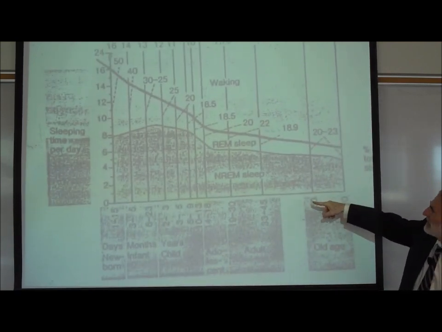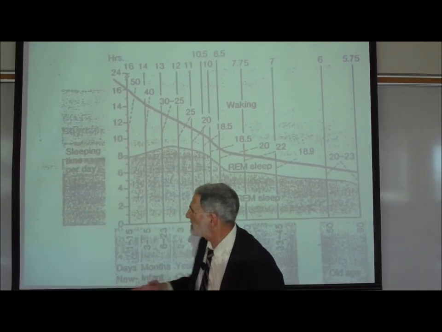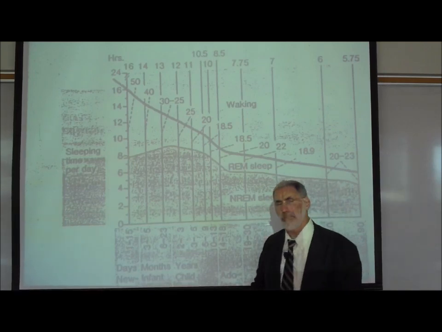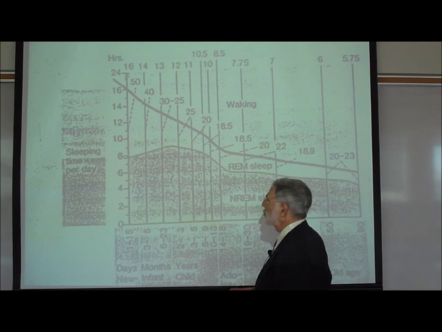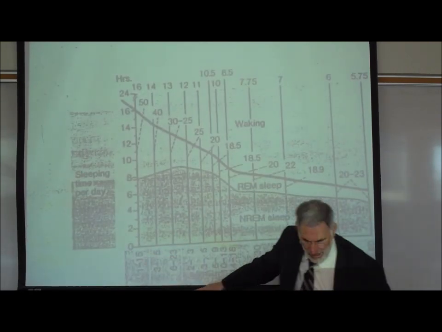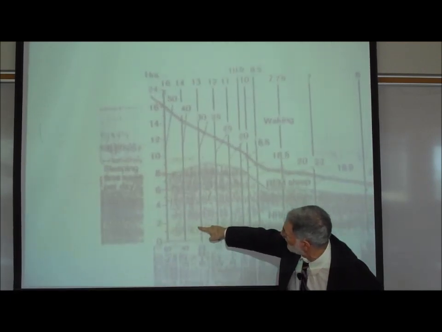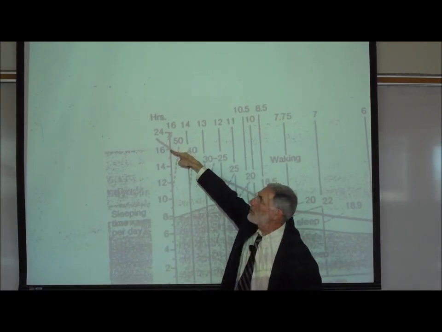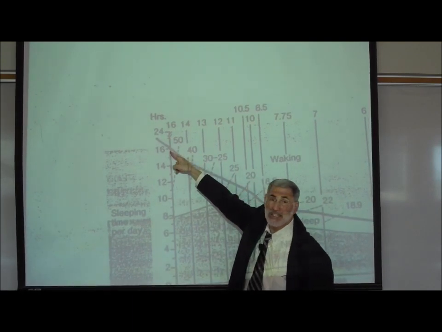And what this is indicating is how many hours a day one sleeps, and of those hours of the day, what proportion of those hours are spent in deep sleep or dream sleep. Now, very interestingly, you'll notice that the newborn, right here on the far left, where it says a newborn, the newborn is sleeping about 16 hours a day, right? There's 24 hours in the day, and the newborn is sleeping 16 hours a day.